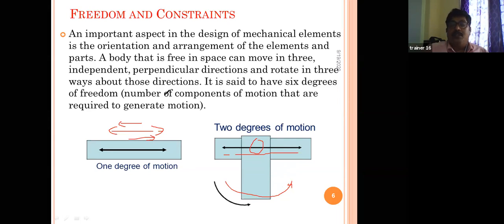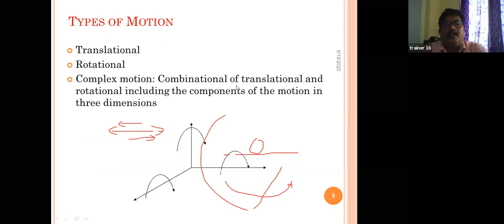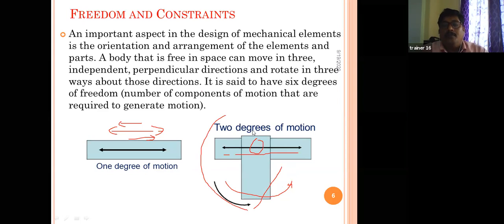Here, as I said in the previous slide, complex motion is the combination of translational and rotational both. If you observe, in these 2 degrees of freedom there is translation as well as rotation.